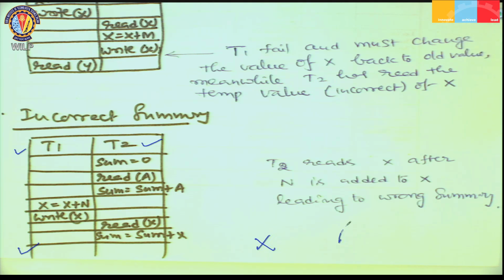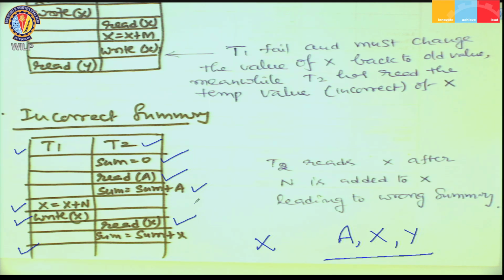Let us assume that the data items are A, X and Y, and so on. Here, first sum equals 0, and T2 is reading data item A and adding A to sum, that is, sum = sum + A, and then immediately X has been modified by T1 and written permanently onto the database, and immediately T2 reads that value.